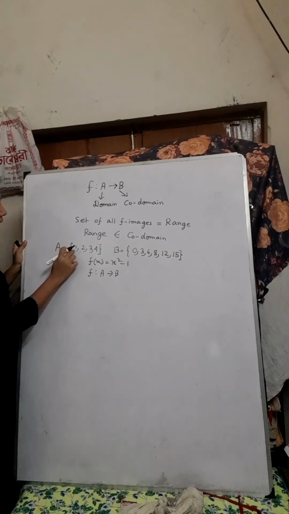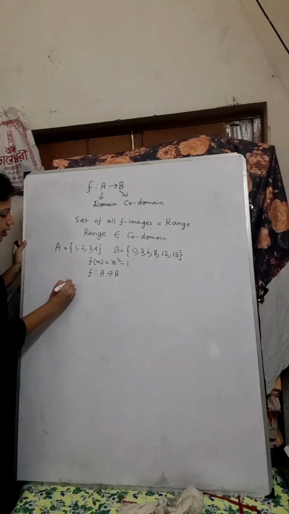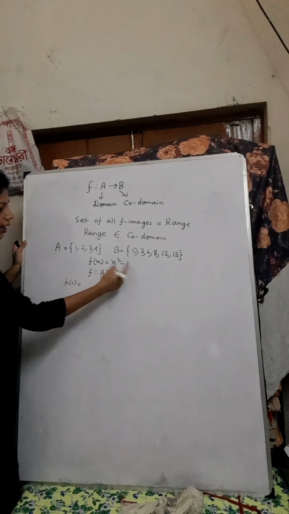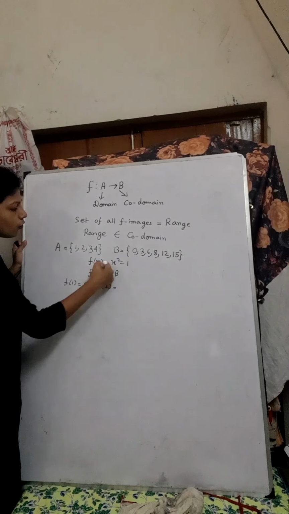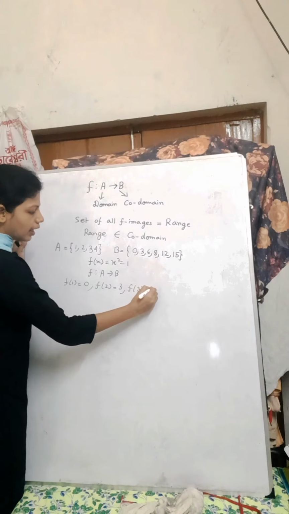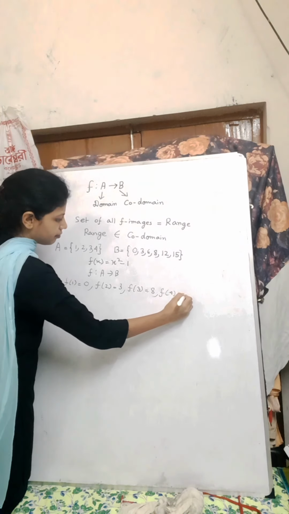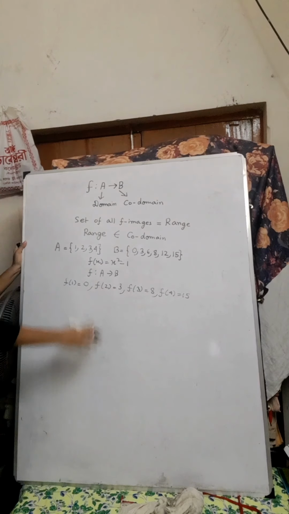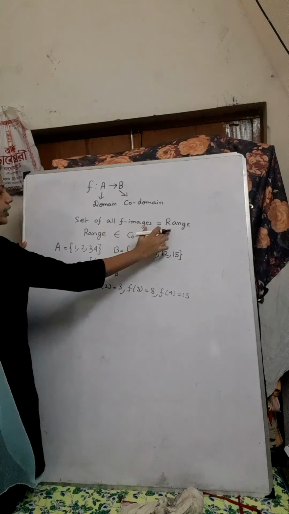Now when x equals 1, if I just replace by 1, f(1) equals 1 square minus 1, 0. Similarly, f(2) will be 3, f(3) will be 8, and f(4) will be 15. So we can say that 0, 3, 8, 15. Now what have I written here?